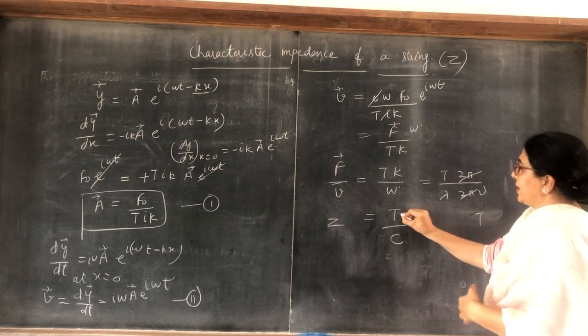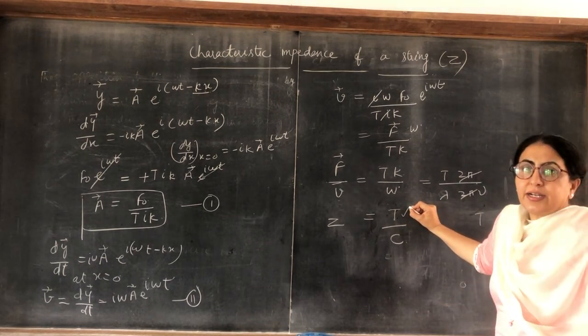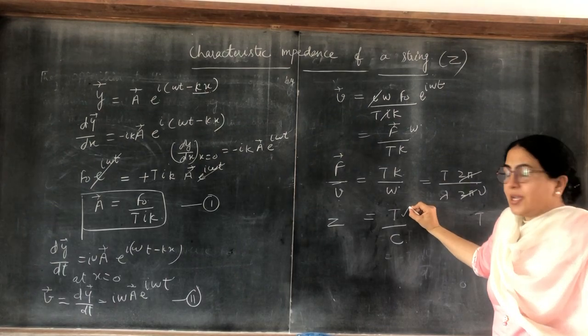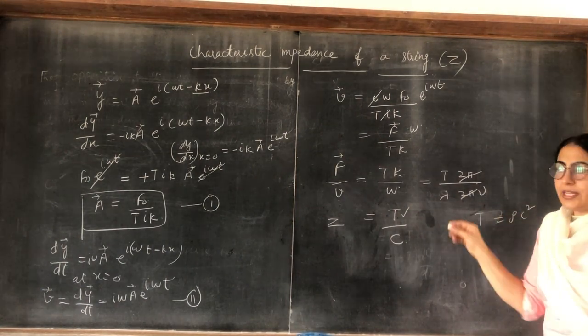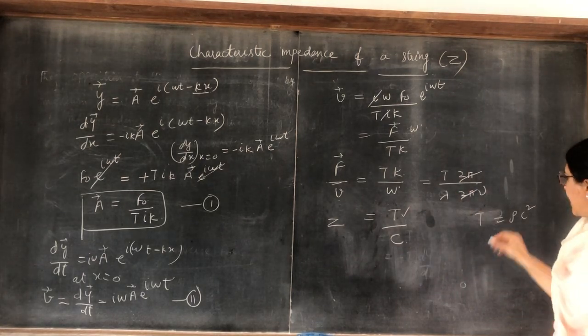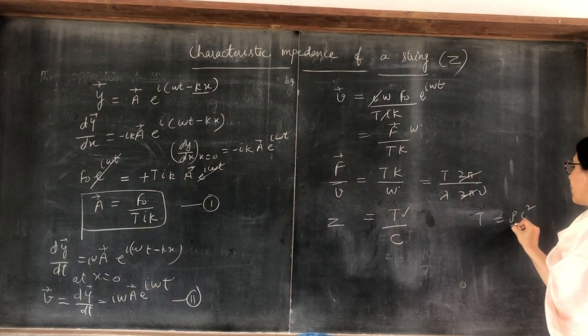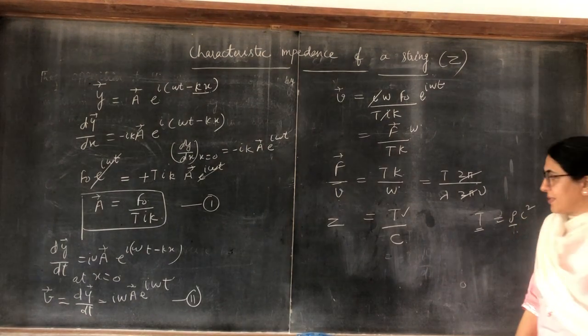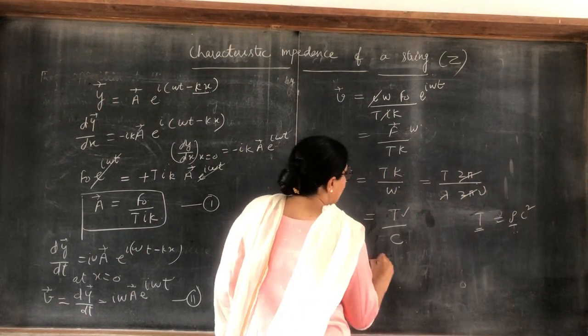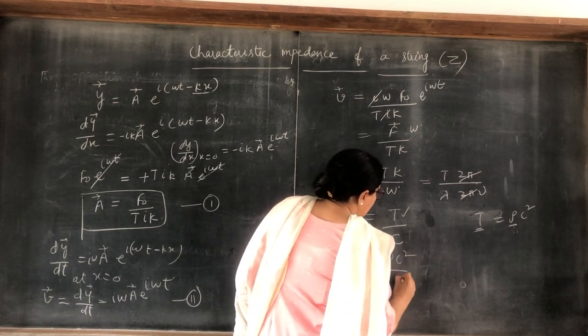What about T? T is equal to rho c square. We have done this in the previous lectures, where T is the tension and rho is the linear mass density. So put here rho c square upon c.